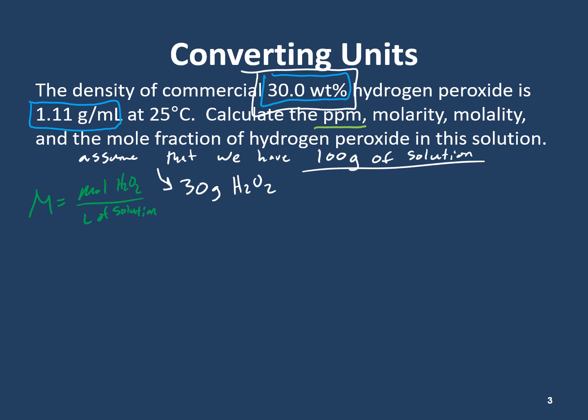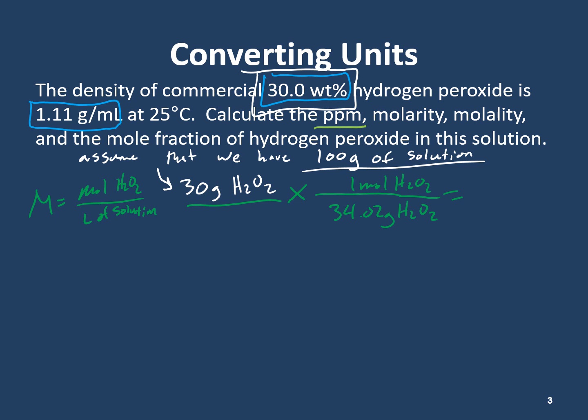Well, I need moles of solute. I have grams here that I already talked about how to get earlier, and I can calculate my molar mass of H2O2, which is 34.02 grams of H2O2 per 1 mole of H2O2.